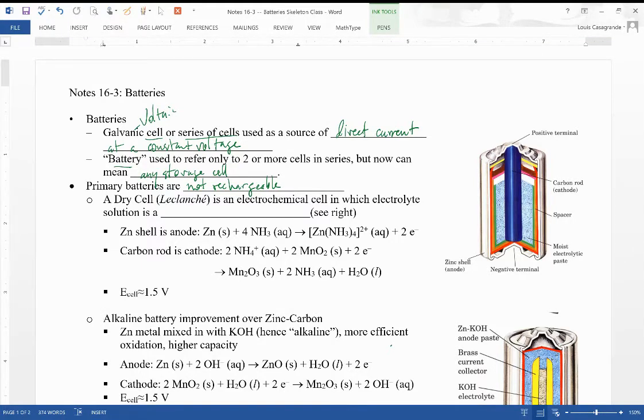And the first one of these that came out was a dry cell from a French scientist named Leclanché. And what he did was he made the electrolyte, rather than being a liquid, a moist paste.